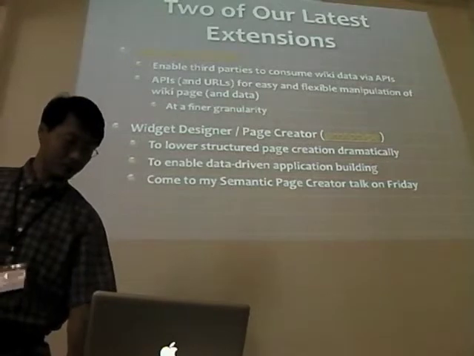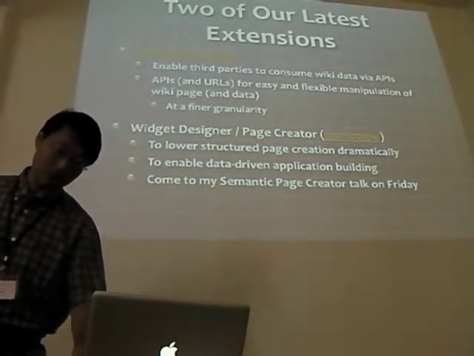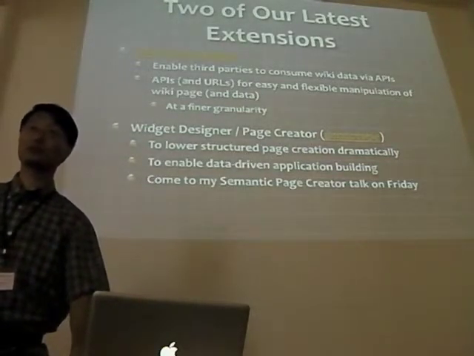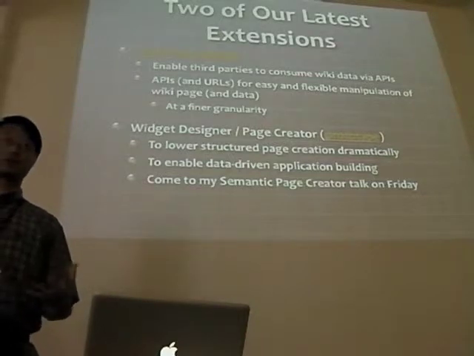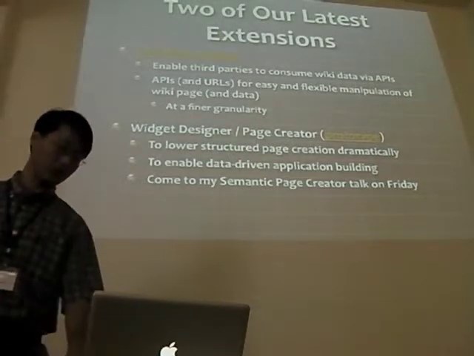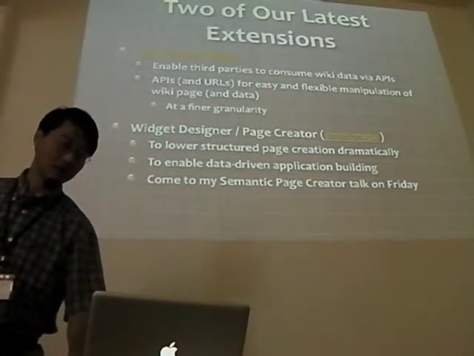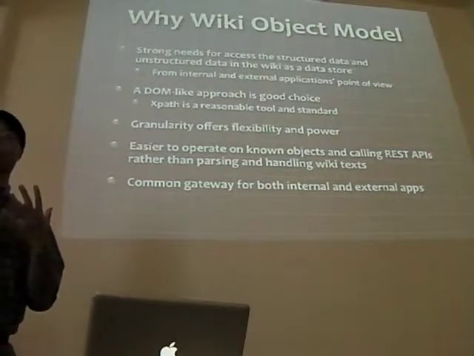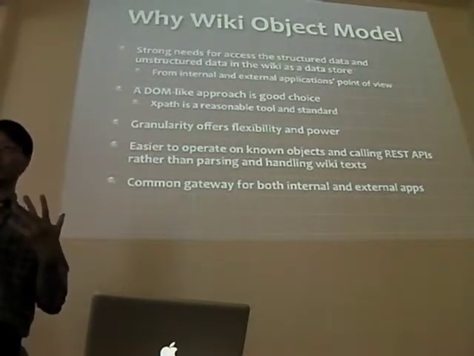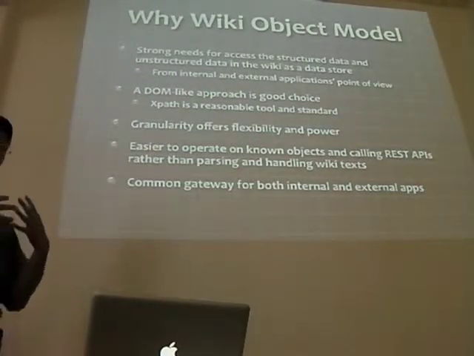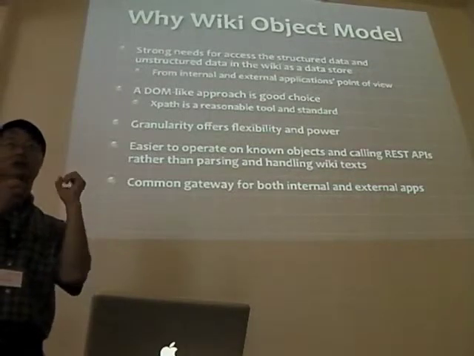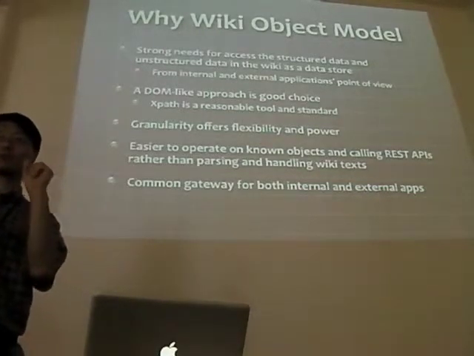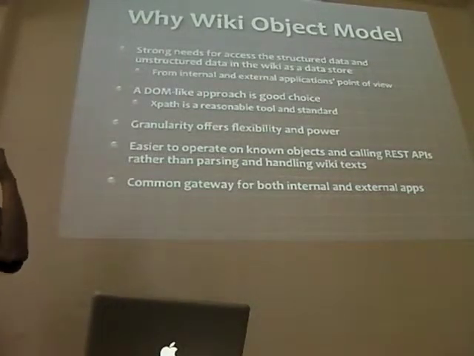The Wiki Optimalo is really interesting because I feel it's important for the community to build things on top of it. It enables third parties to access the wiki data without writing special code or parsers. It basically treats all the entities or objects in a page as an object with certain properties.